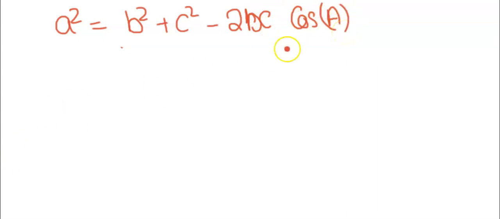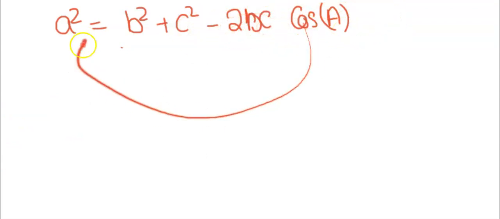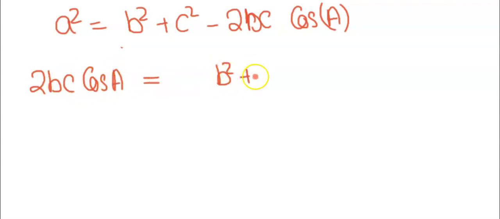What you do is you pick this whole thing up, it is negative, move it to this side, it will become positive. So 2bc cos A, that's positive. On that side you have b squared plus c squared. But now you pick this a squared, which is positive here, but when it crosses this equal sign to this side, it will become negative.